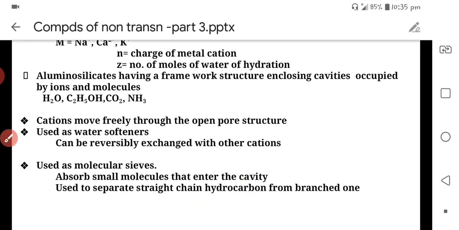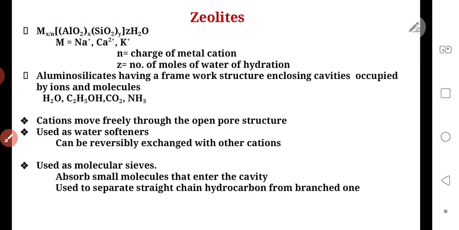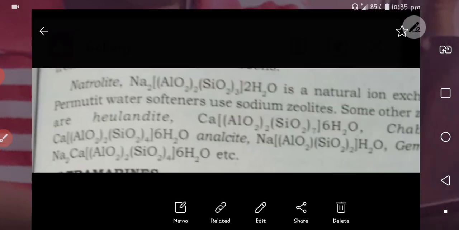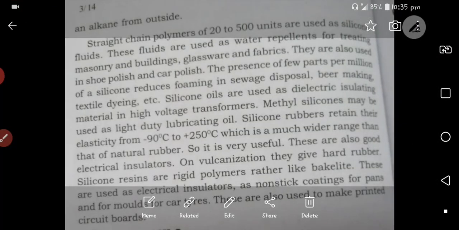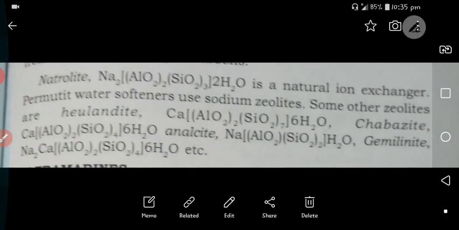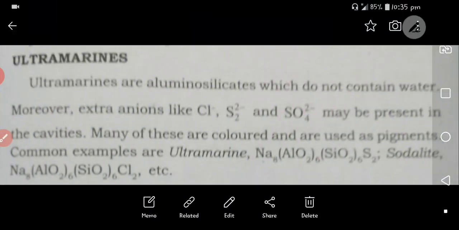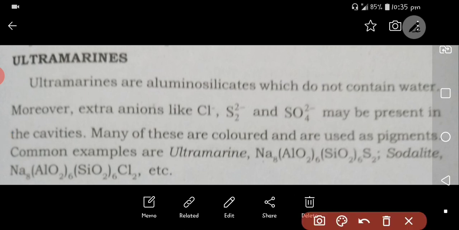Next, associated with this compound there is another compound called ultramarines. Ultramarines are also aluminosilicates, but one difference is that they do not contain water.